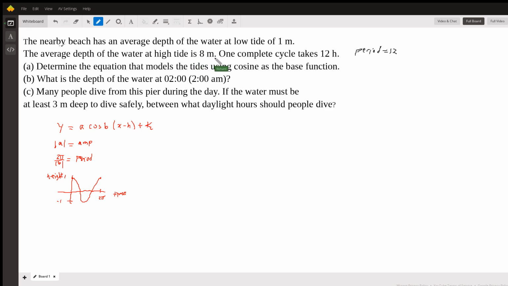That's our midline. So let's start sketching. So our midline is at y equals 8.